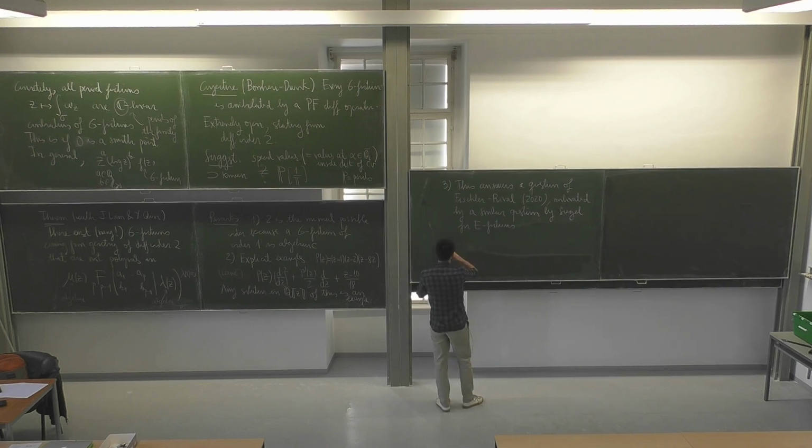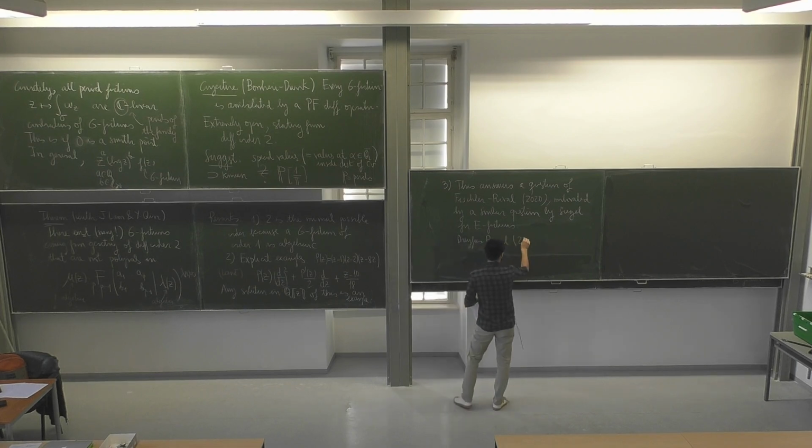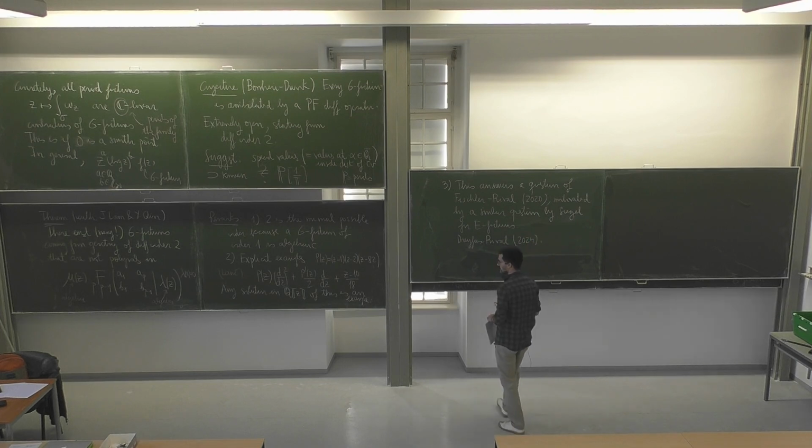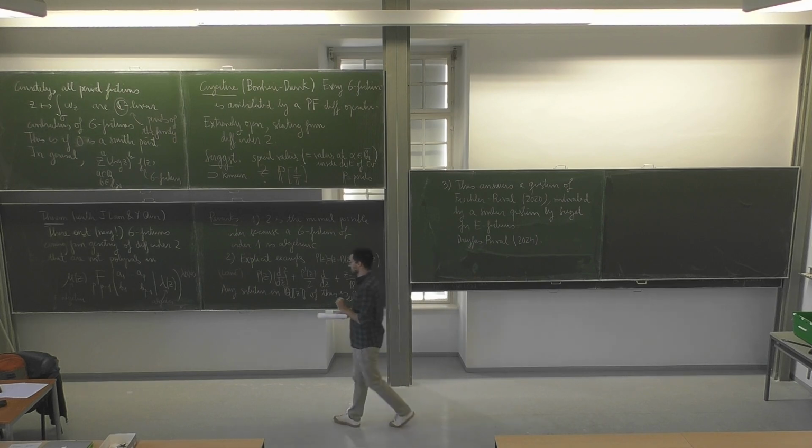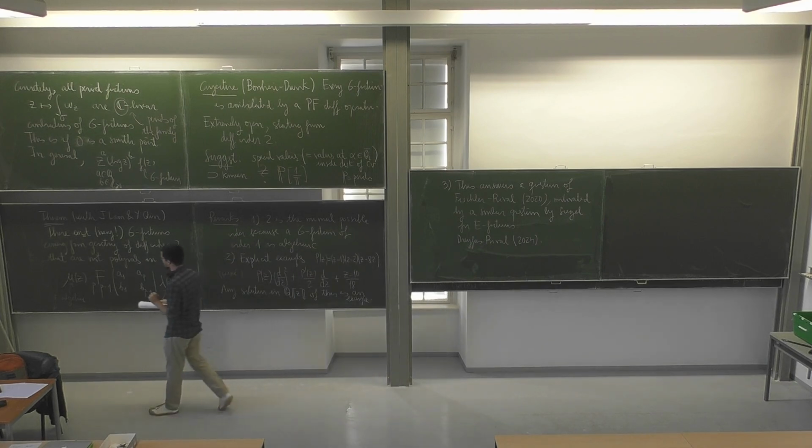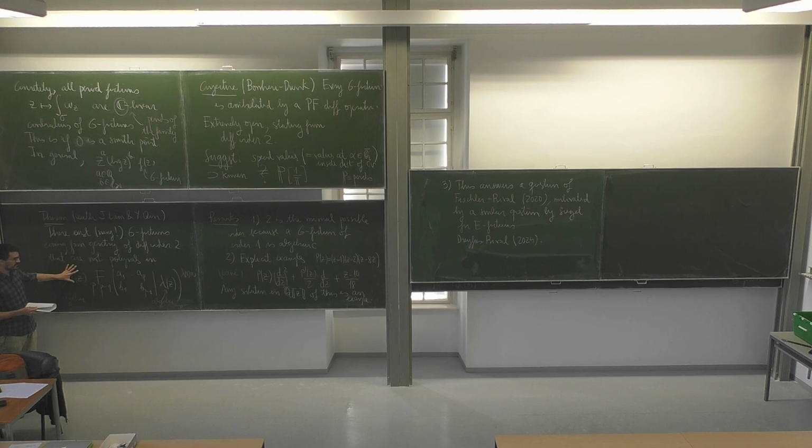So there's a paper by Dreyfus, Riboal earlier this year, where they have a variant of this kind of question. They want to know which solutions of differential equations are polynomials with algebraic coefficients of solutions of differential equations with a given number of singularities.